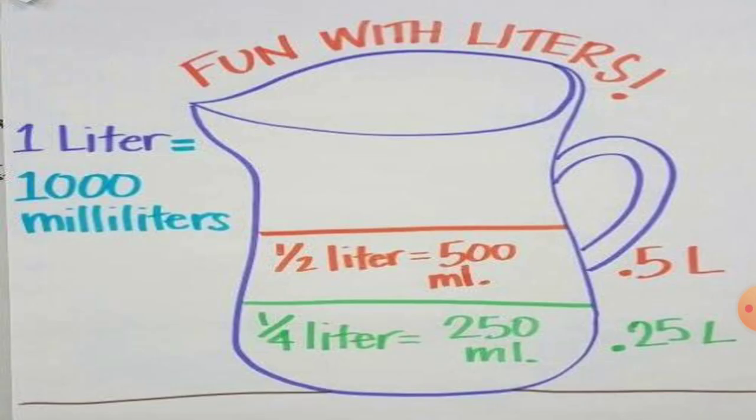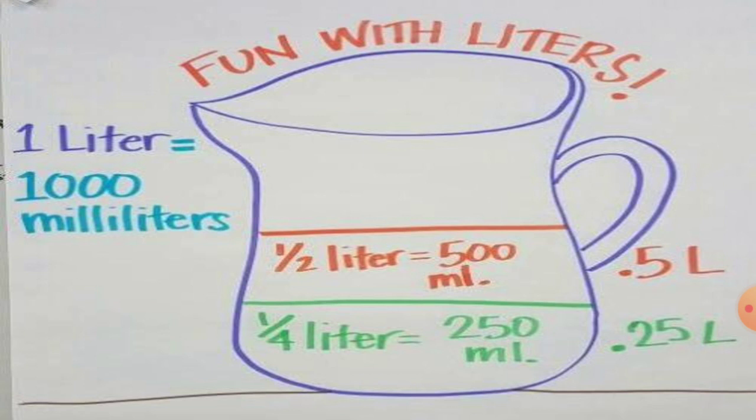Fun with liters. Take a look at this jug. It is 1 liter. That is 1,000 milliliters. Now, when it's divided into 2 equal halves, that is 500 milliliters. When you further divide it into 4 places, each part will be 250 milliliters.